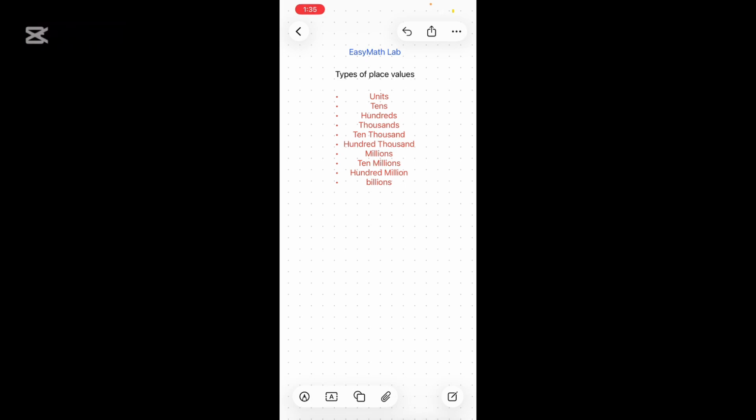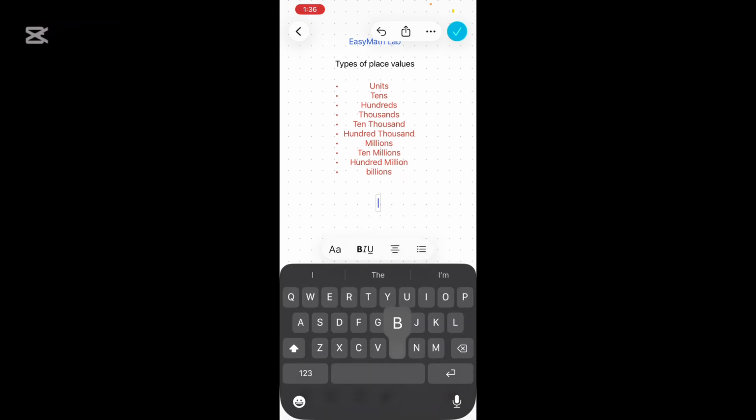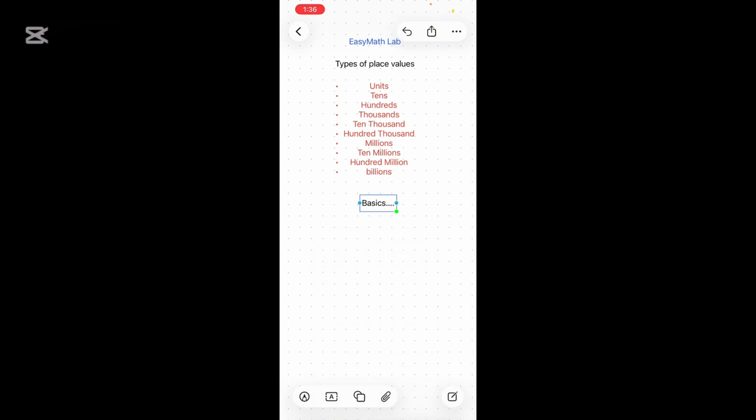And working with the basics entails us ending at thousands. Yes, so we'll work with units, tens, hundreds, and thousands. So let's quickly see an example that will help us to understand how place values are positioned.